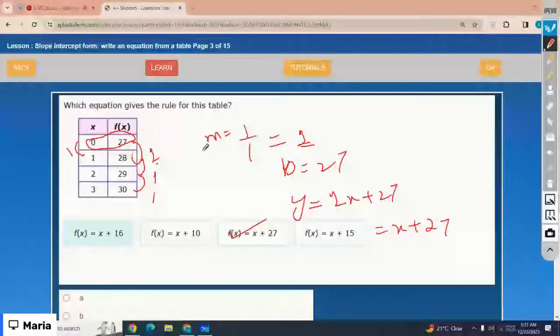Now you need to calculate the y-intercept, where the graph touches the y-axis. You are given x is 0, y is 27. Putting the values in the equation, y equals 1x plus 27. C is the correct option.